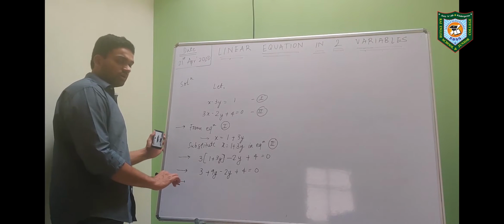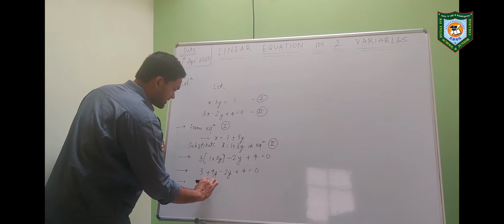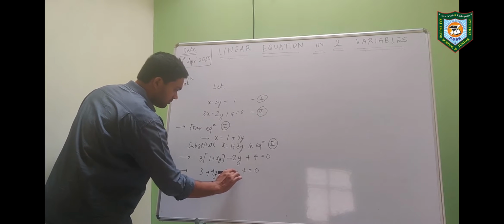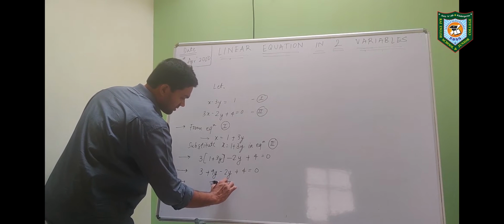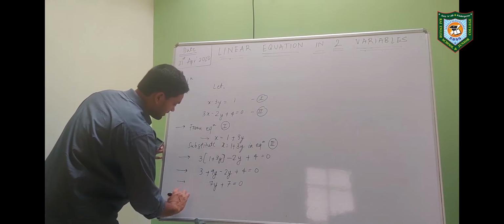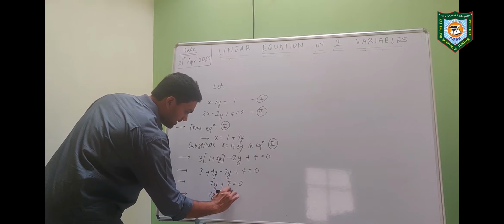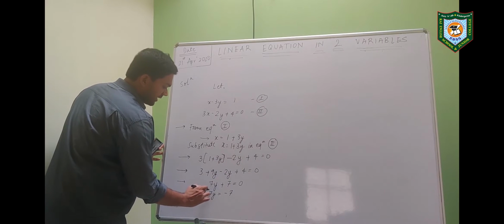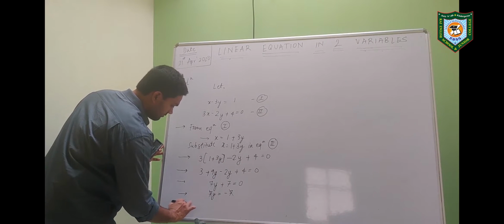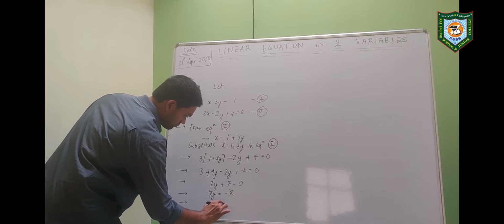All we have to do is solve them. So 9y minus 2y is 7y and 3 plus 4 becomes 7. So I have 7y plus 7 is equal to 0 here. Therefore 7y is equal to minus 7. Moving 7 to the right hand side, cancelling out 7, I get y is equal to minus 1.